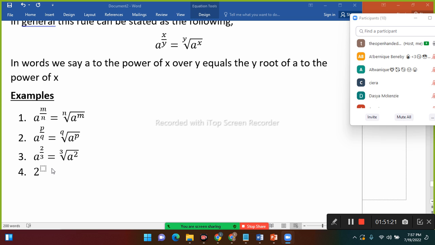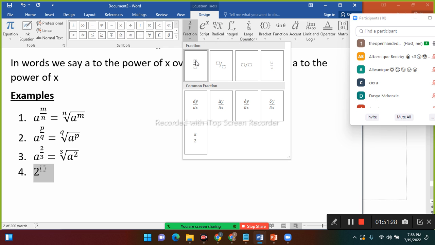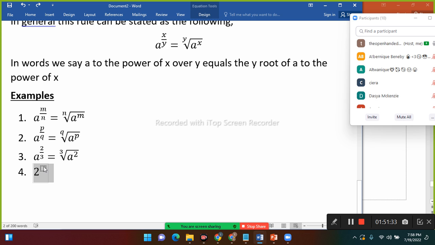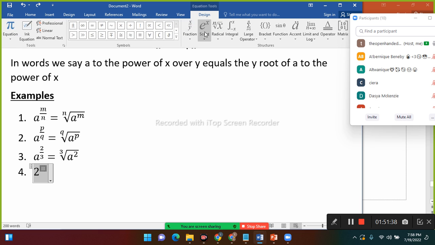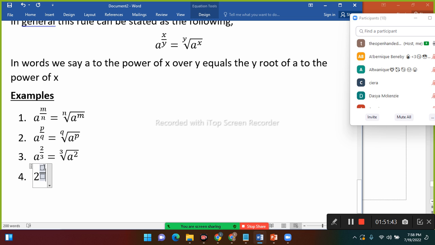So say we had m over 4, so it's going to be equal to, this is for Deja. How do we do this?